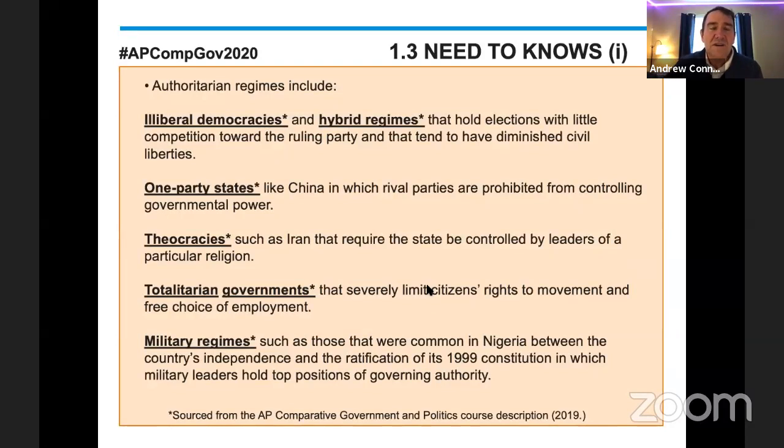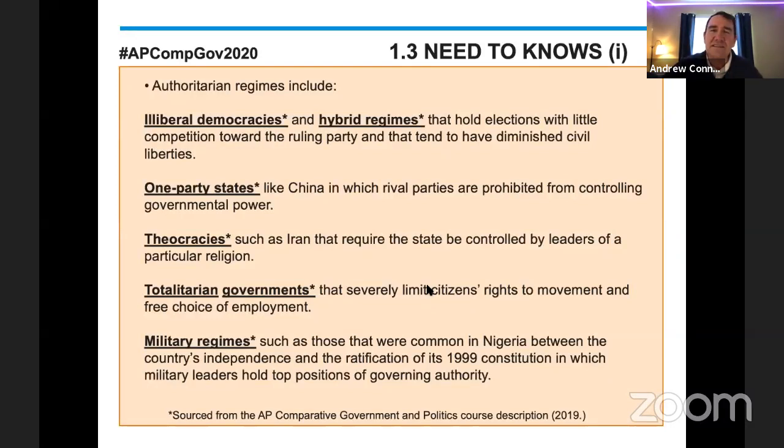The course description does list types of authoritarian regimes. And so these are words that you should be familiar with. We're going to go into in a later unit what illiberal democracy and hybrid regime, which is a synonym, and why Russia is oftentimes categorized as an illiberal democracy or a hybrid regime. China is certainly our example of a one-party state.